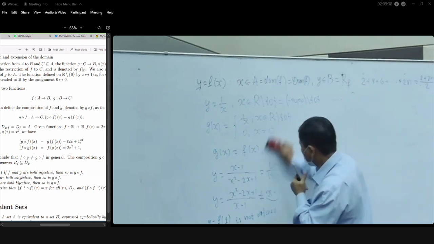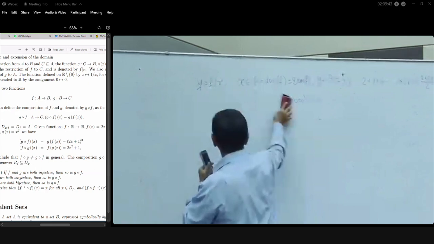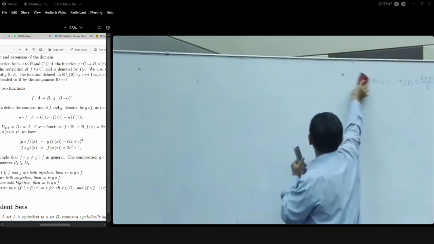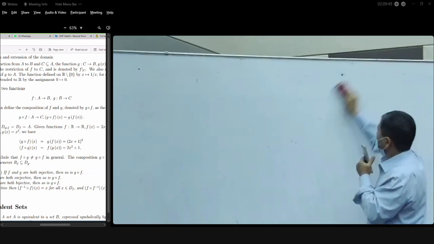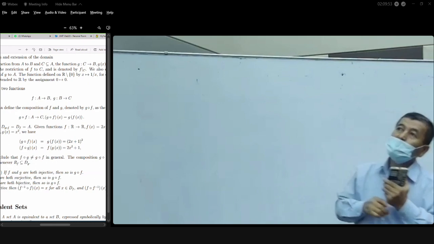Okay, so just 5 minutes regarding the composition. For the composition, two functions are involved, and you see, one function maps by the definition.